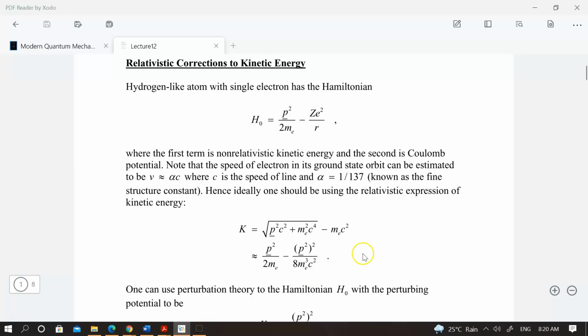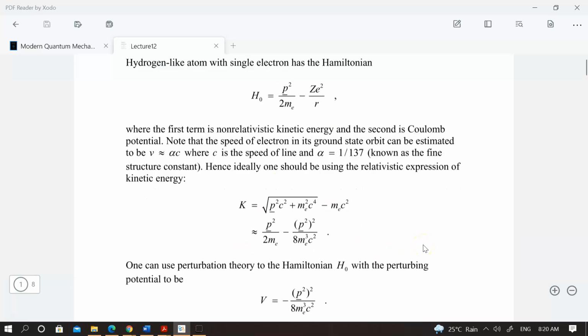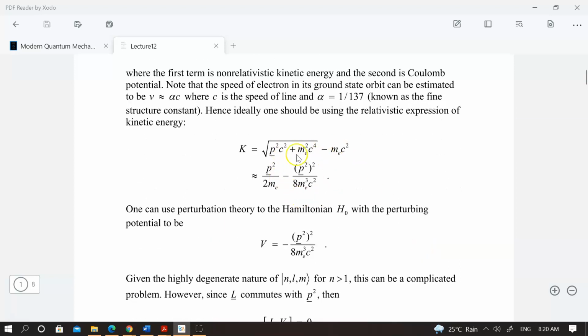Right. In the last lecture, we came to the point of introducing relativistic corrections, to replace the kinetic term by the relativistic expression, and essentially that gives you an extra term here, and we treat this as a perturbing term inside your Hamiltonian.